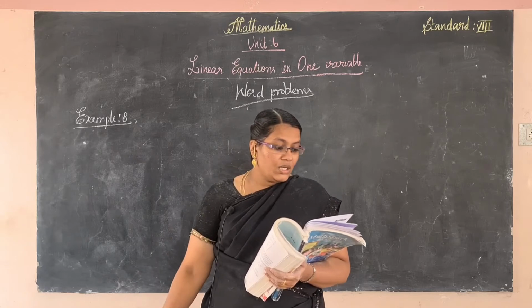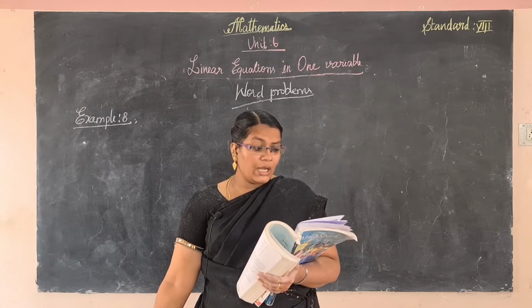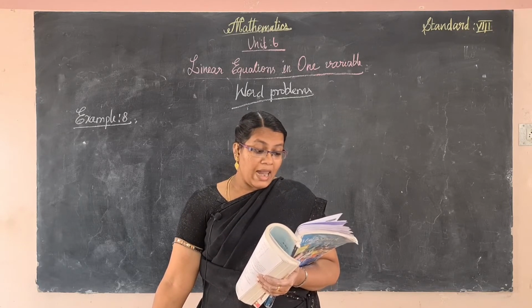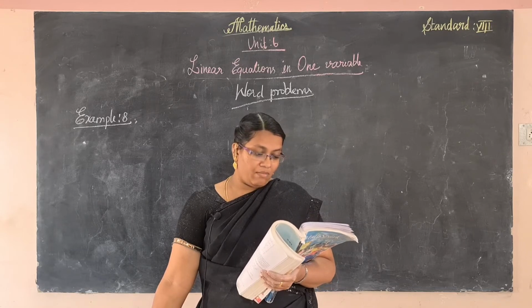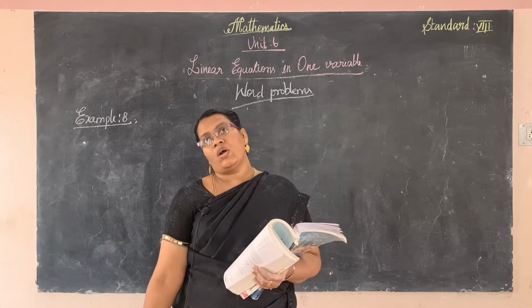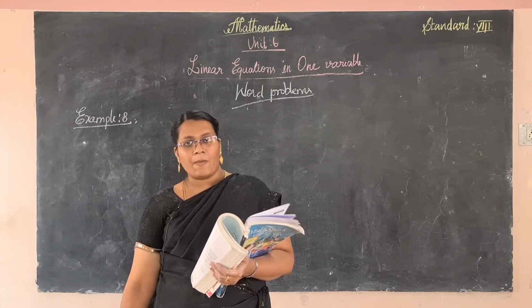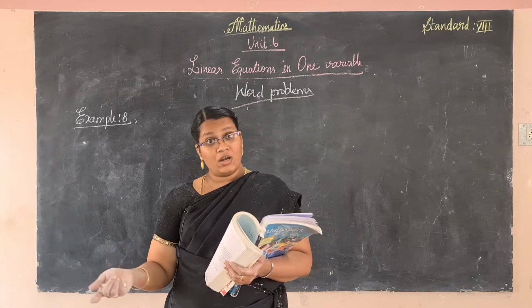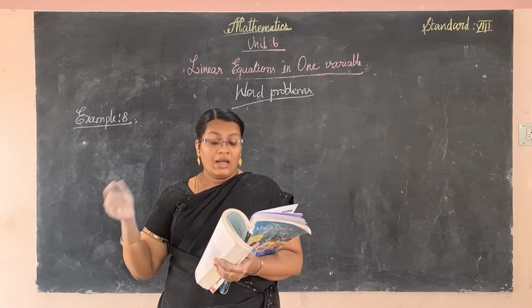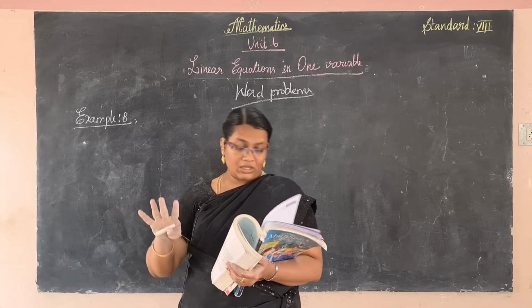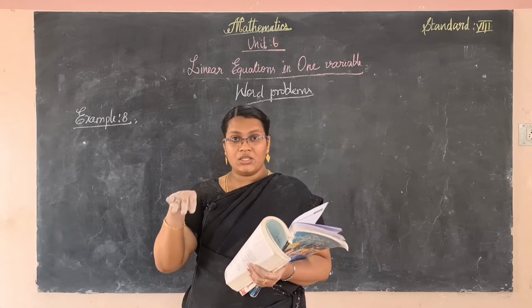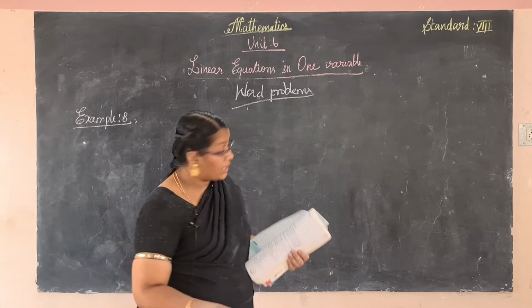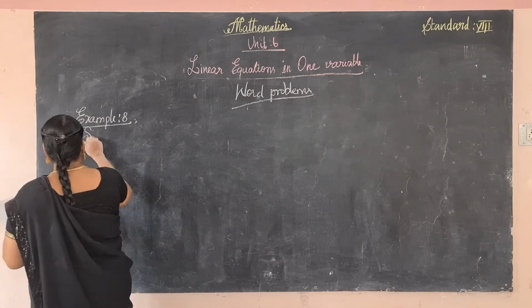The sum is equal to, sum means the sum of the value, is equal to 4 less than 1/4 of that number. So 1/4 of the number means x/4. Less than means subtract. So first 1/5 of the number added with 5, and next 1/4 of the number subtracted by 4, that is the given. So equating these two statements, we find out the value of x. Okay, right. Solution.